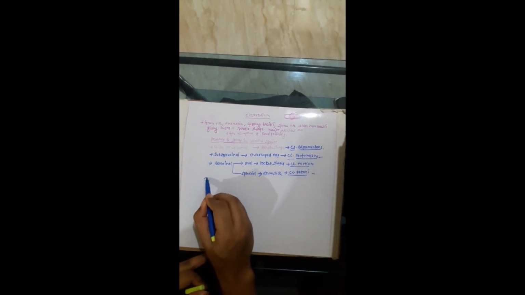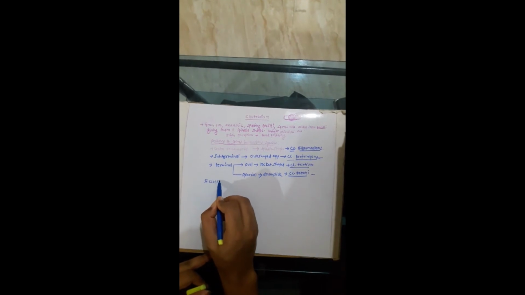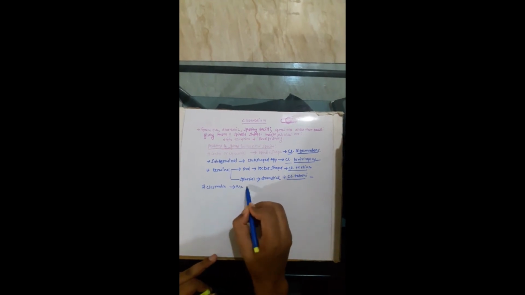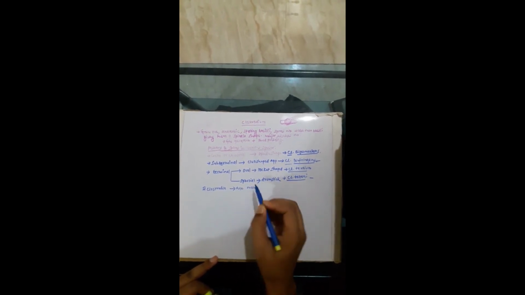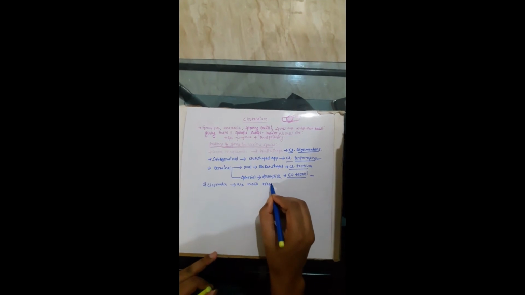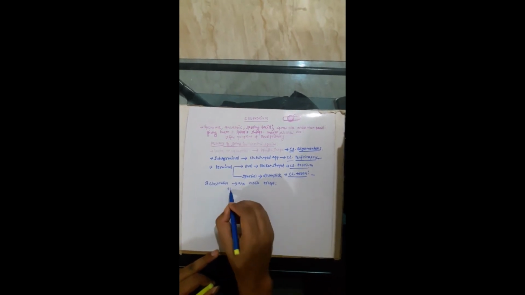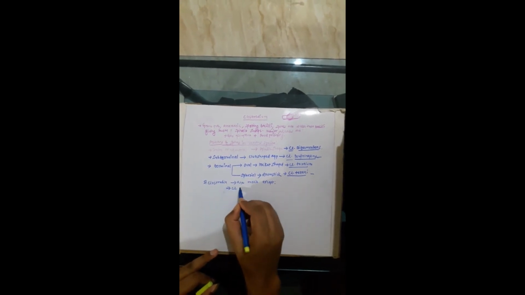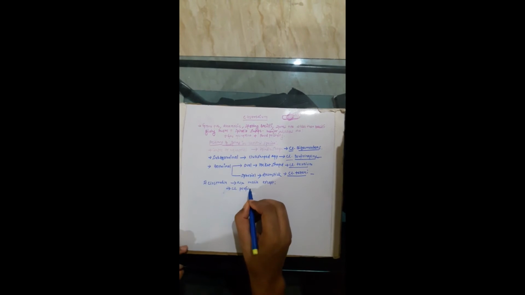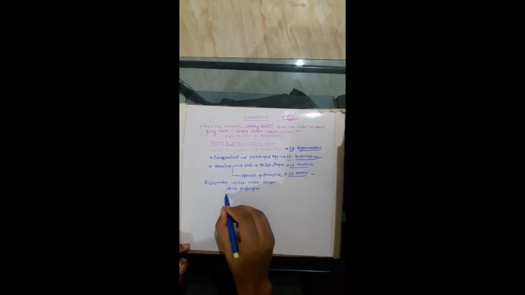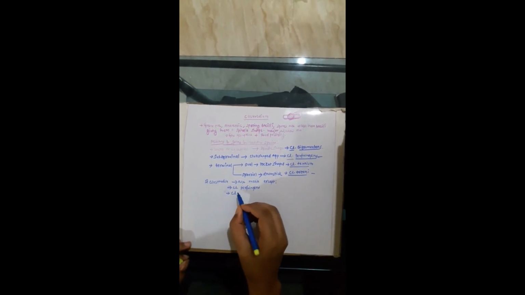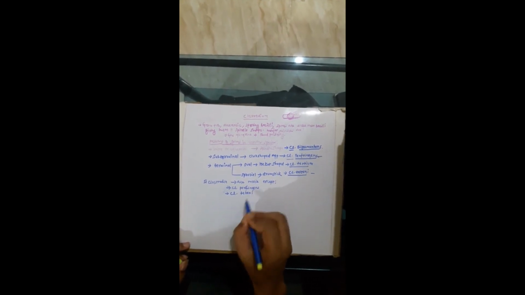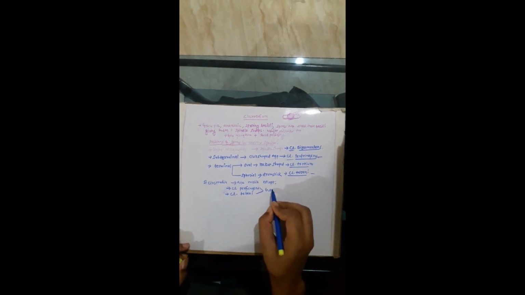So Clostridia are motile except Clostridium perfringens and Clostridium tetani. These two are non-motile. Okay, non-motile.